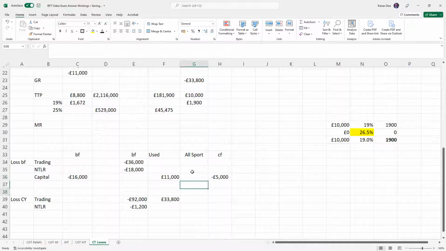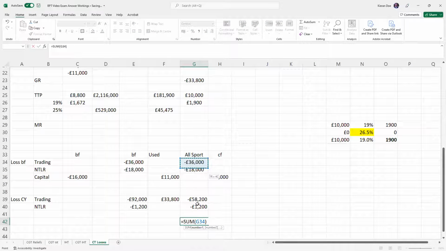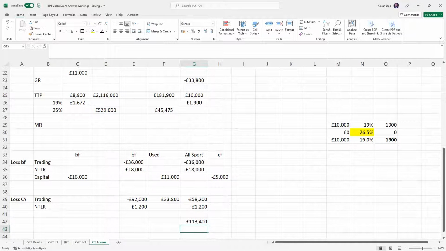So we can think of how much loss is available here. We've got this amount of the loss that hasn't been used, and it can also use the current year loss as well. So we can kind of see here, how much here is there for All Sport, 113k, 400. So therefore we could put that there.